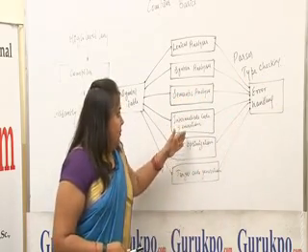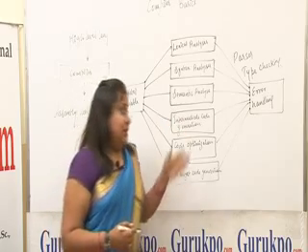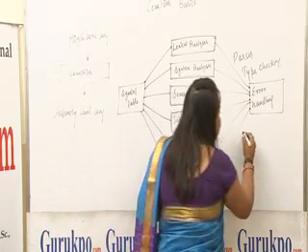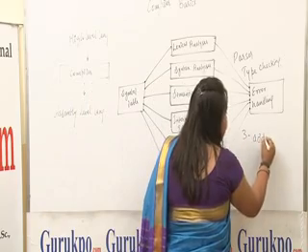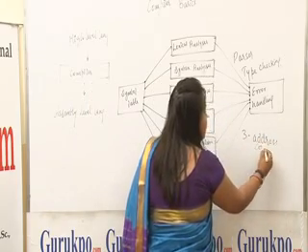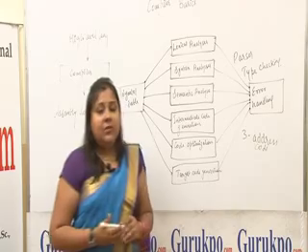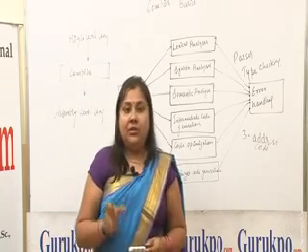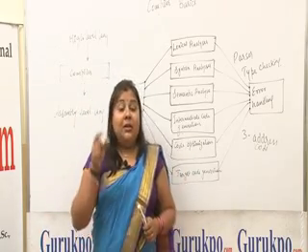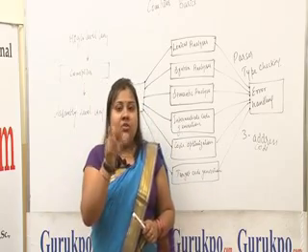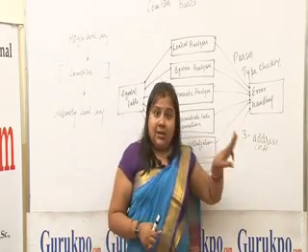Then next is intermediate code generation. During intermediate code generation, 3 address codes are generated. What does it mean? 3 address code means that if we have a long expression, it needs to be broken down into multiple expressions, but remember that each instruction should have only 3 addresses.